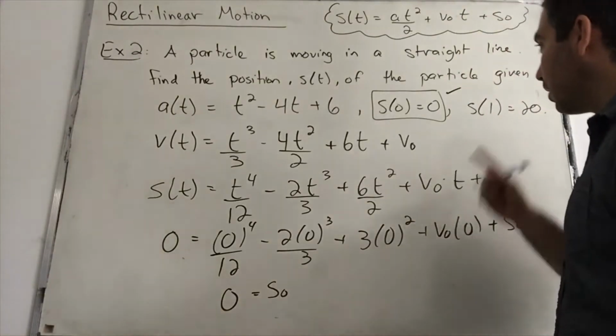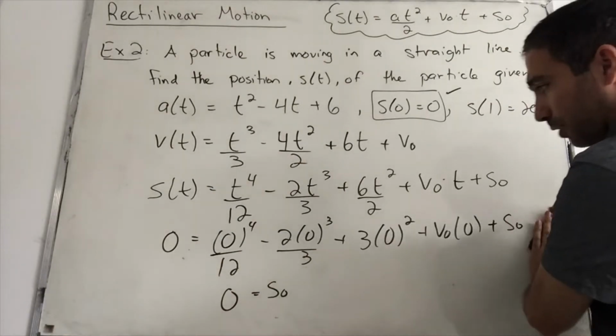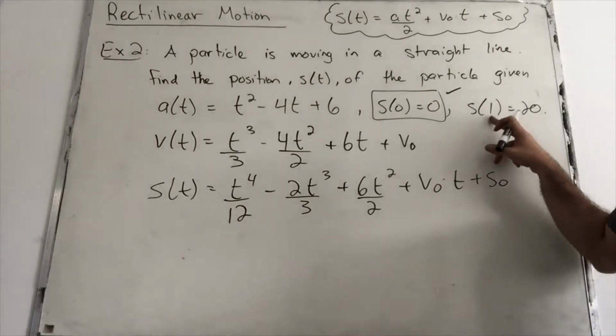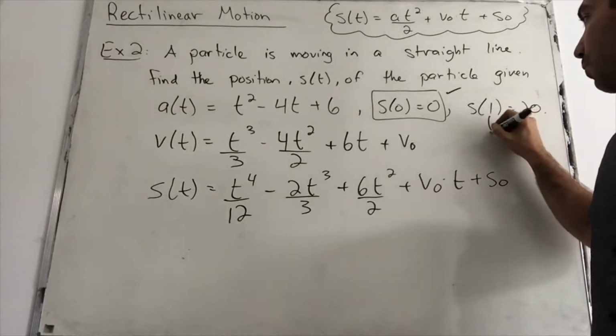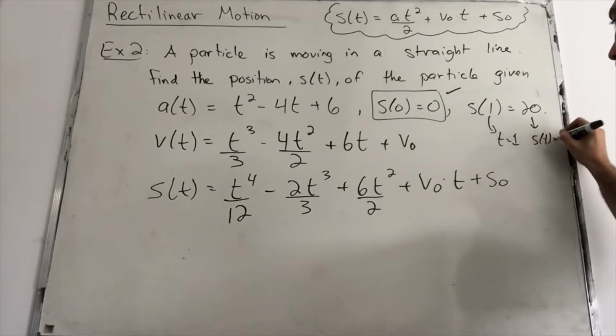Now let's go ahead and apply the second initial condition. So I'm just going to erase this, get this out of the way. And now we're applying the fact that S of 1 equals 20, so we're replacing t with 1, and we're replacing S of t with 20.